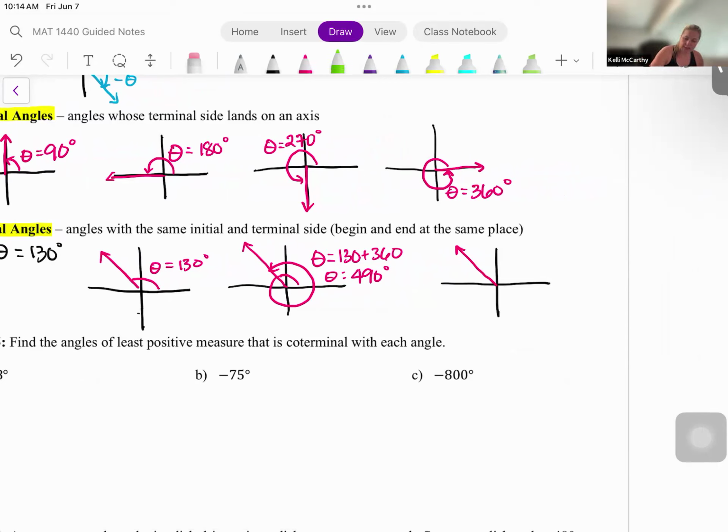Now, I'm going to illustrate this a little differently. Here's that original 130 degrees, but if I measure clockwise, I'm starting and ending at the same place. Now my angle measure is negative. So it's going to be 130 degrees minus 360 degrees, or negative 230 degrees.